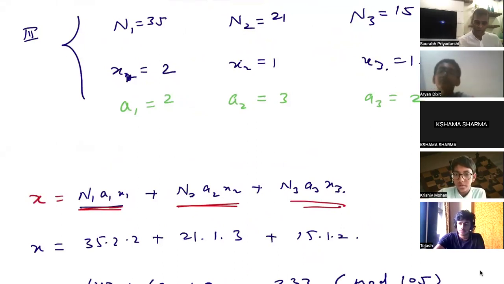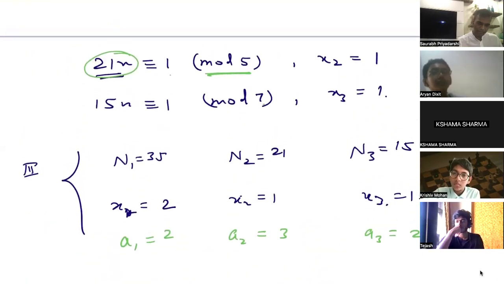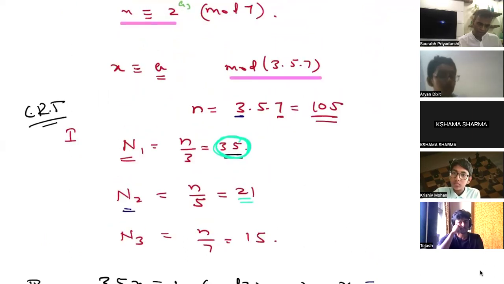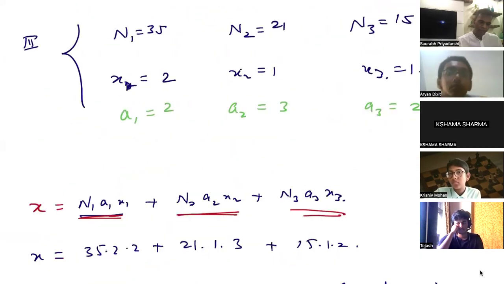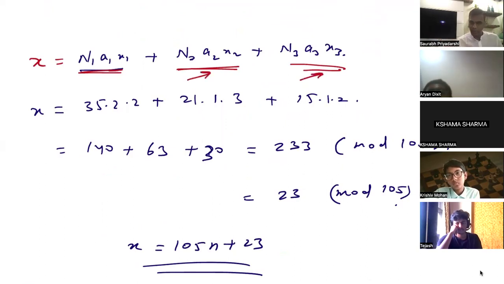Let us suppose I'm dividing this by some n2 or n3, some factor of this. So if I'm dividing this by 3, this and this will be completely divisible. Only this number we have to take care of.